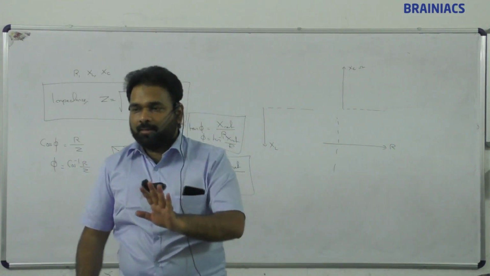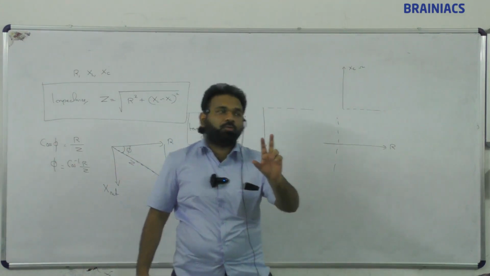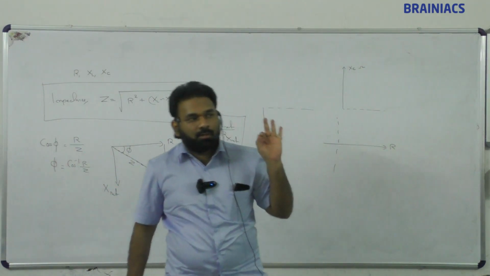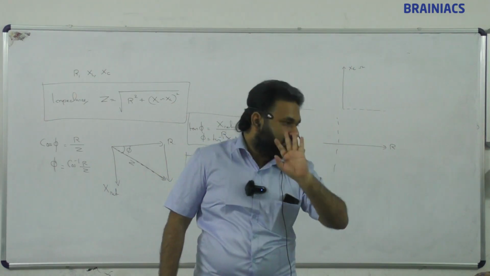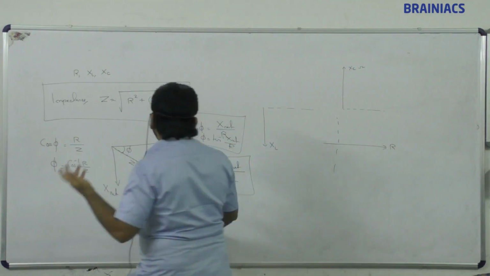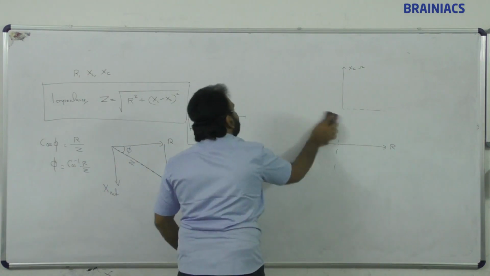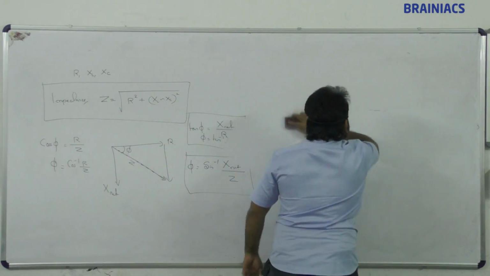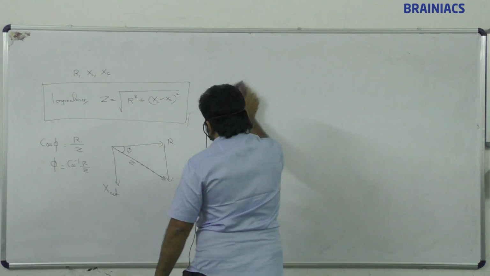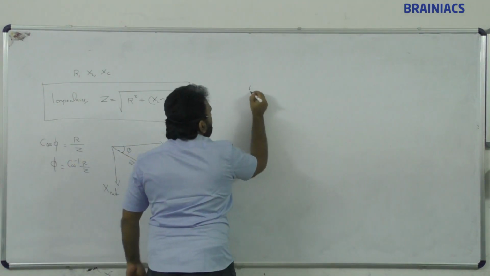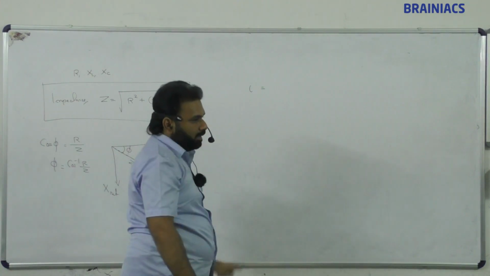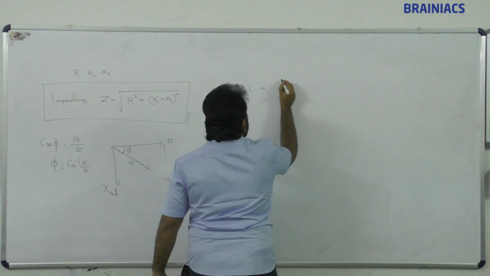Now we know how to find impedance, and we know how to find the phase difference. What else do we need to find the current? Nothing. Done. So if current is asked, what do we need to do?